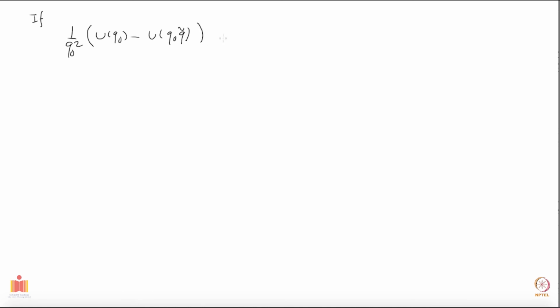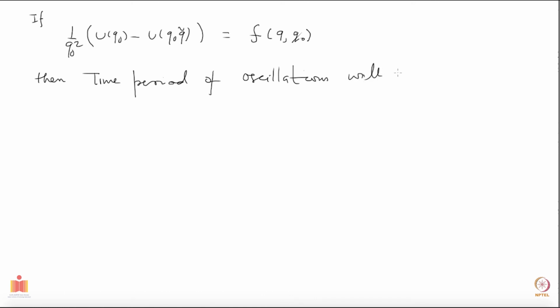If this thing, which is a function of q and q0, let's call it f, were not dependent on q naught, then the time period will be independent of q naught. Then time period of oscillations will be independent of the amplitude of oscillation.